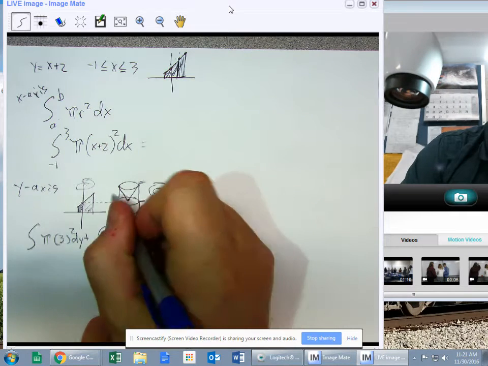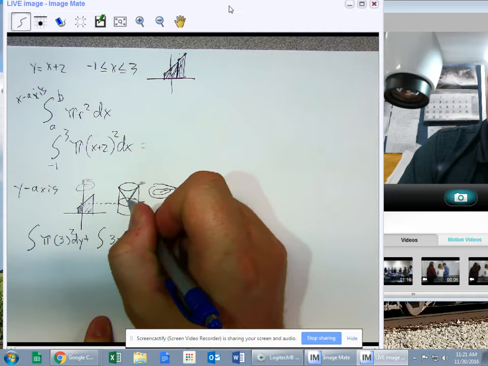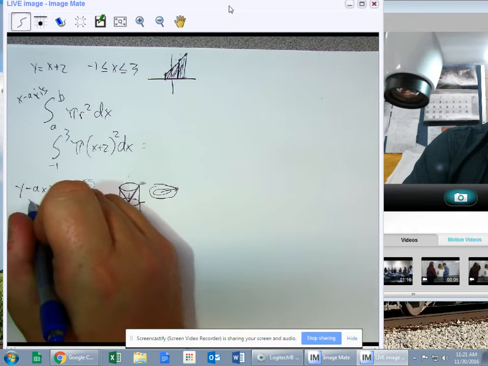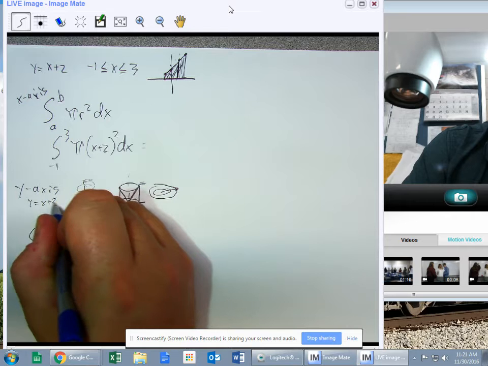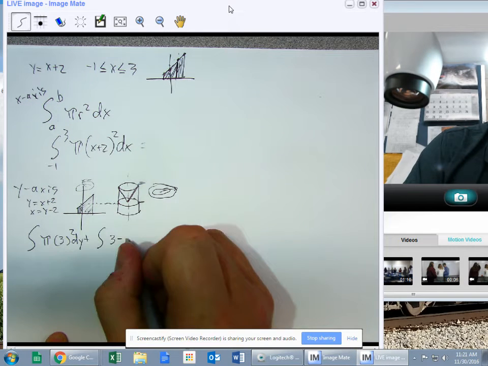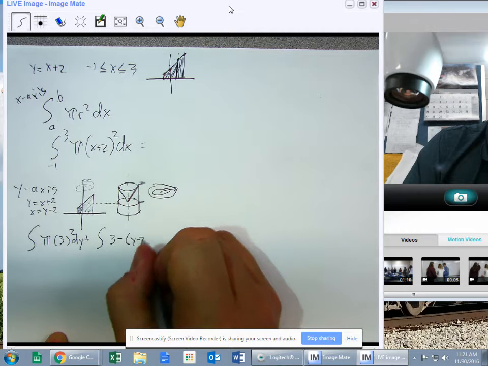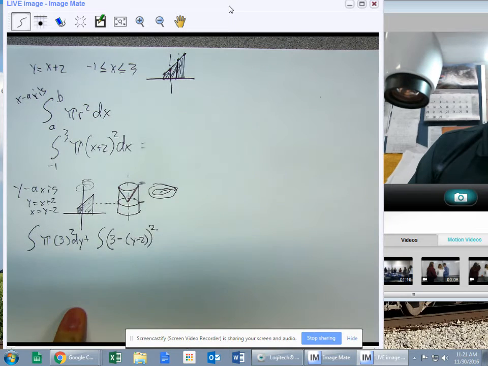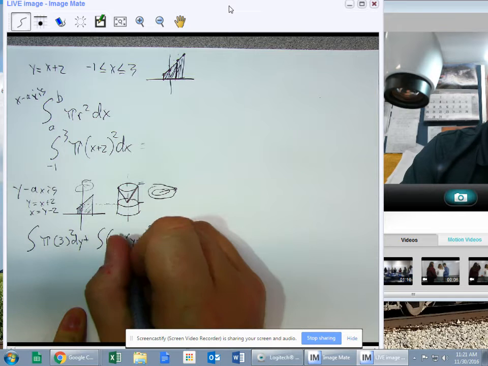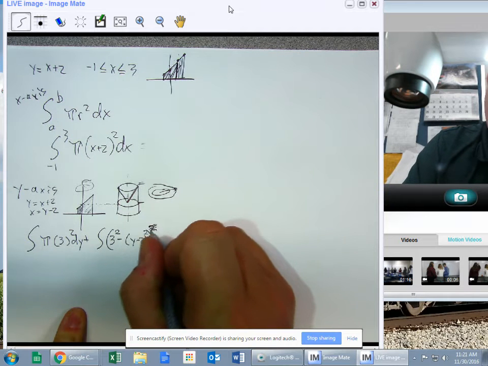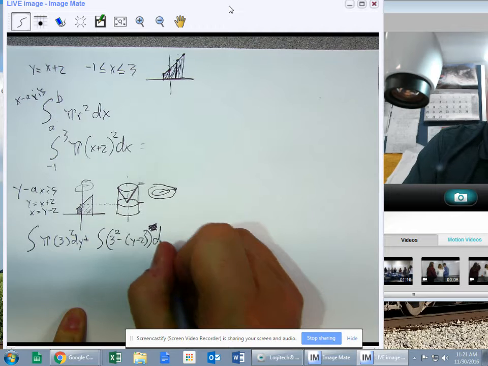And that inner radius is going to be determined by this function. But that function can't be in terms of x, it has to be in terms of y. So y equals x plus 2, so x equals y minus 2. So minus y minus 2. And that whole thing is squared. No, I take it back.